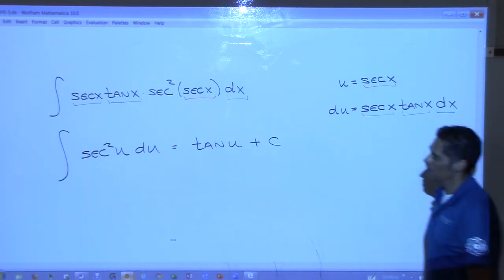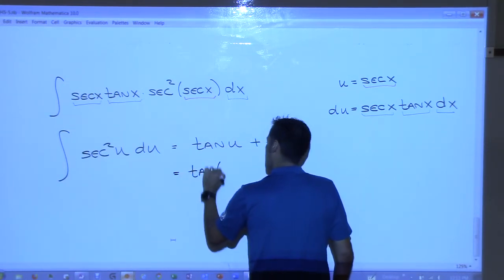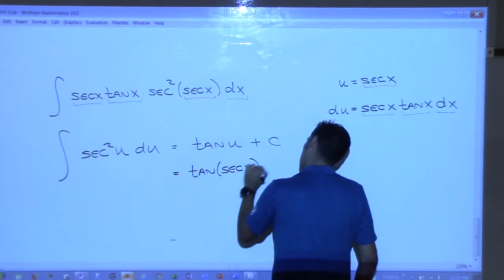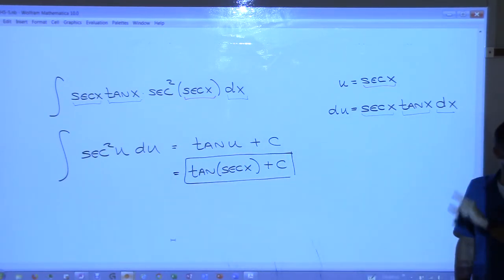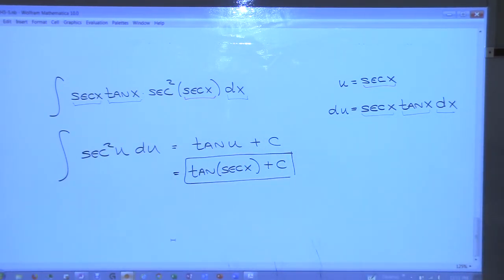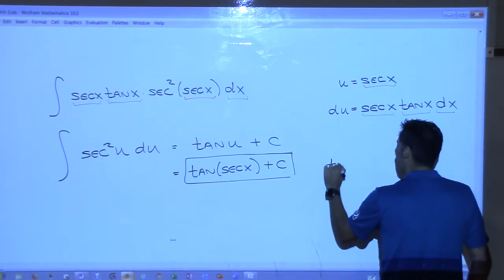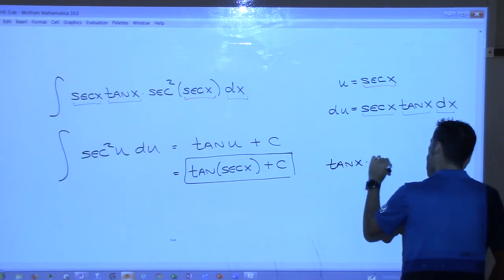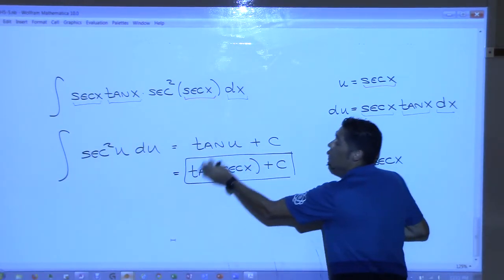And just replace u with what? Secant x. There it is. Tangent of secant x. Be careful, we're not saying it's tangent x times secant x. It's composition. It's tangent of secant x.